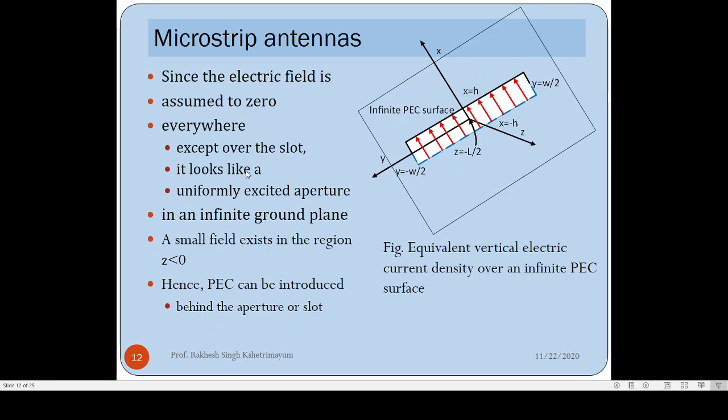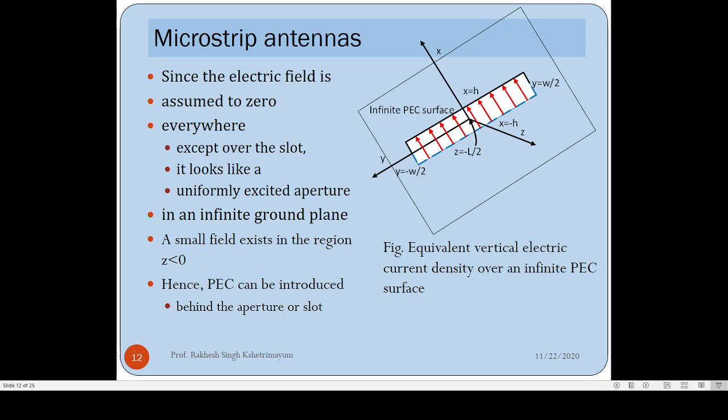In that case we can even assume the region outside this slot portion to be an infinite perfect electric conductor. You can do that because you know that there is a very small field in the region z less than minus L by 2. Then we can assume that there is a perfect electric conductor here at z is equal to minus L by 2. You understand the argument?